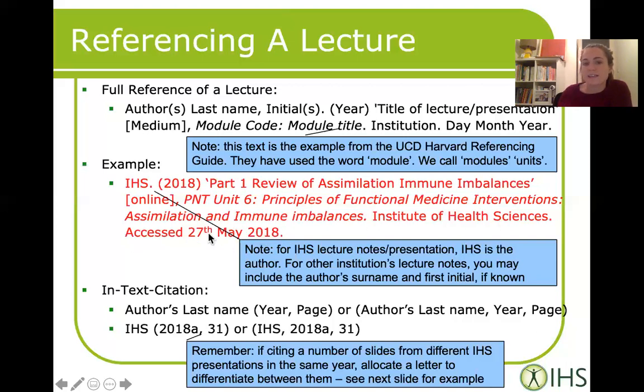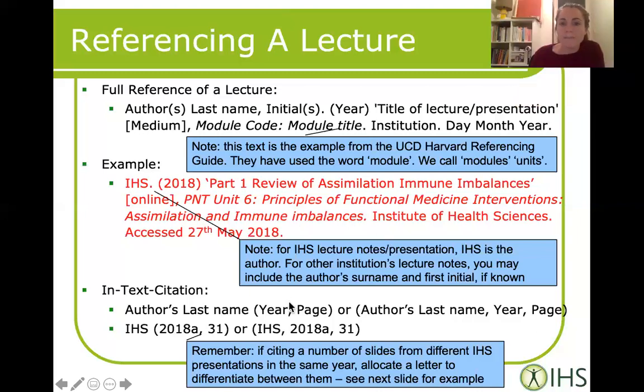You just need to tell us the date you accessed it, because if we're reviewing, say you deferred and then came back, you might be referring to a previous PowerPoint that you got a couple of years ago. So that's why we ask you to put when you've accessed it. That's how you write a reference for an IHS PowerPoint.